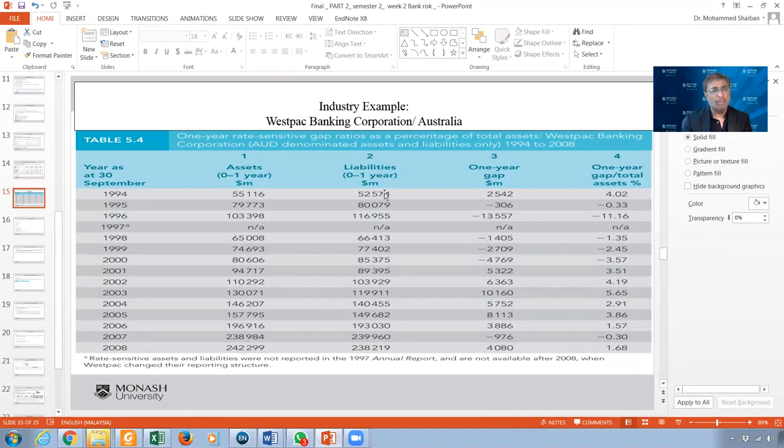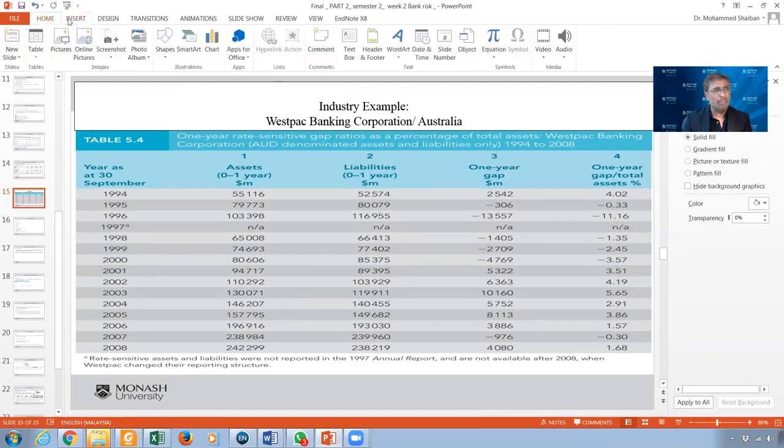And you can see they calculate the assets, liabilities, and actually the 1 year gap. And then this is, you don't have to worry about this column. They calculate the gap over the total assets, which is, you can do it. Banks use this as type of indicators, but actually we are only interested to get to this area.